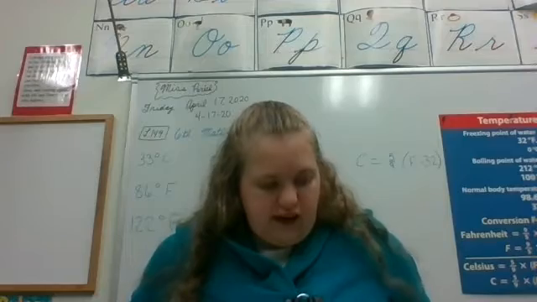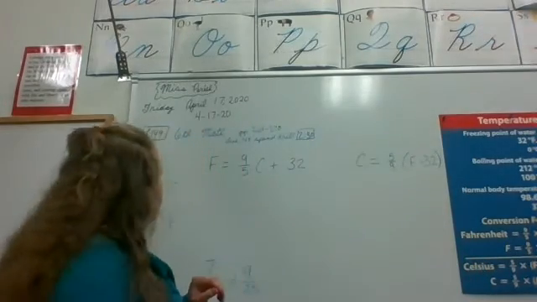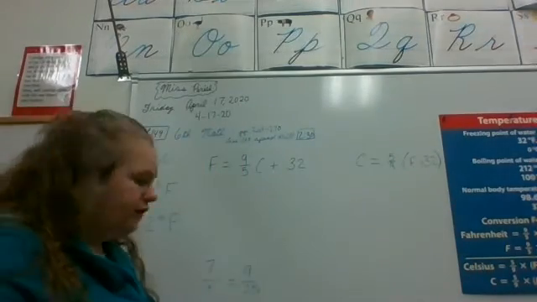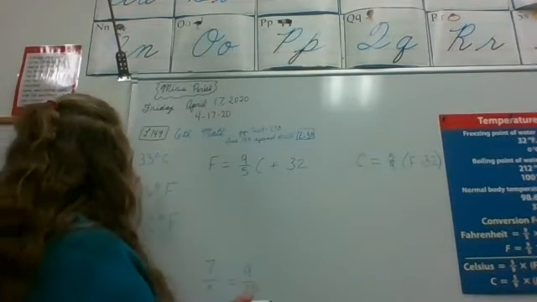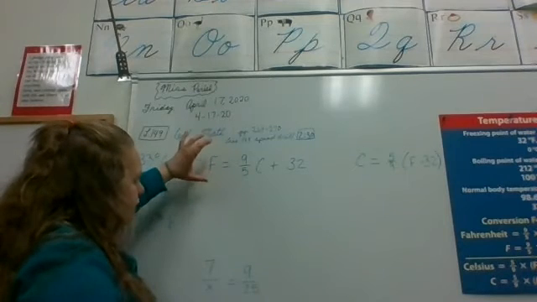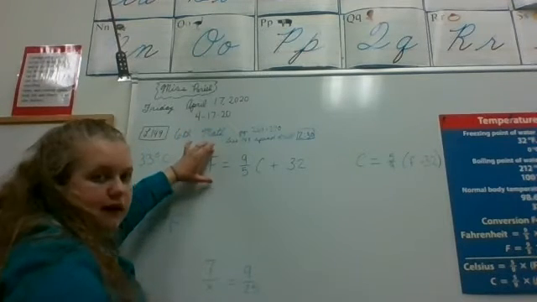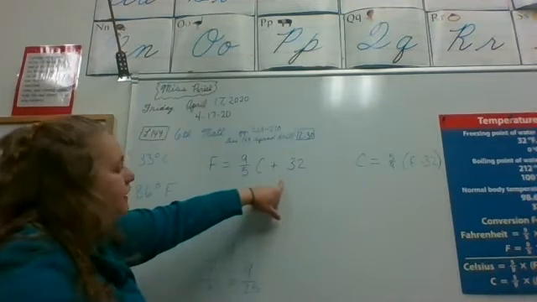So let's take a look at our board, and we're going to convert some of these. If we have 33 degrees Celsius, we're going to use the very first one. F equals 9/5 times C plus 32.